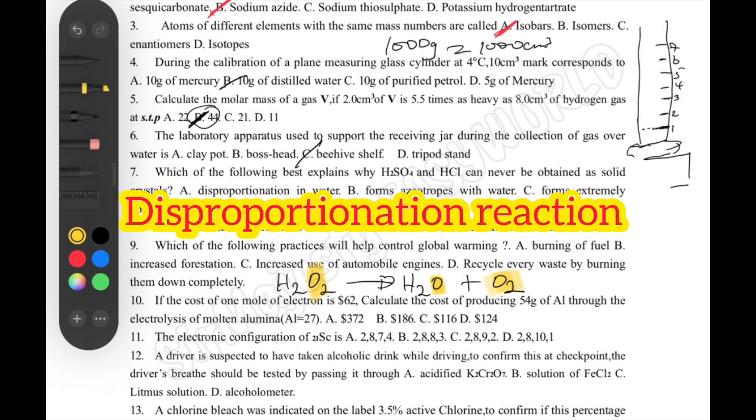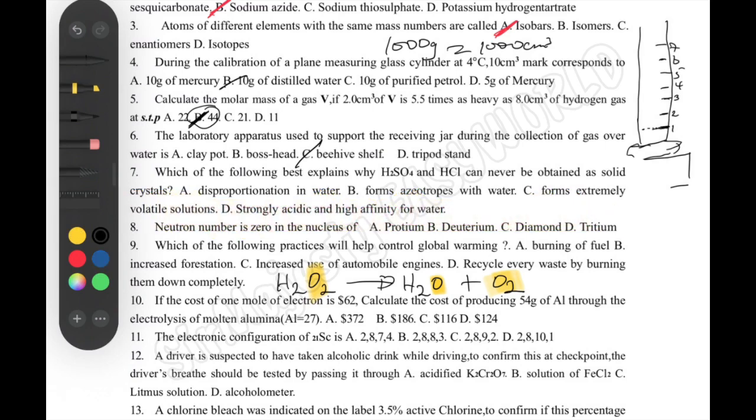So what can you conclude there? Just watch. The same oxygen here, -1, -2, and 0. So we all know that when you move from -1 to -2, that is reduction. That is decrease in oxidation number.